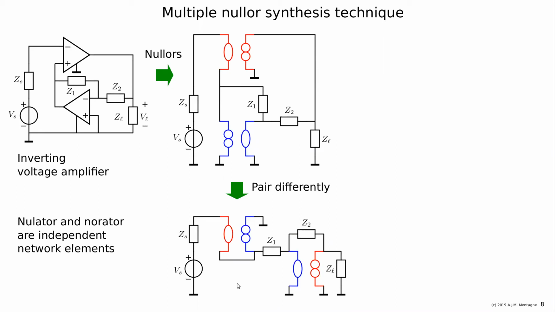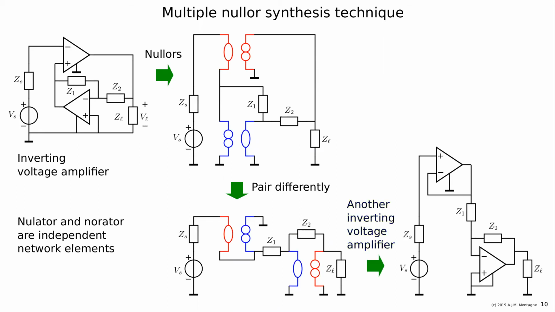And here you then see, if I go back to operational amplifiers, it looks like this. So instead of making an inverting voltage amplifier as shown in the first picture, I can also make an inverting voltage amplifier as shown in the last picture.